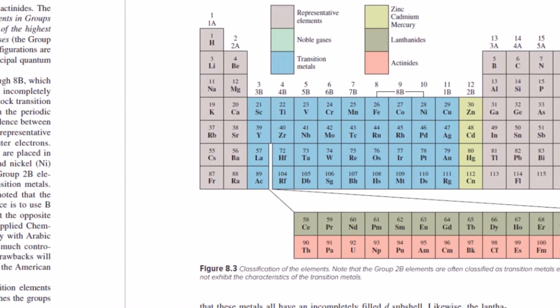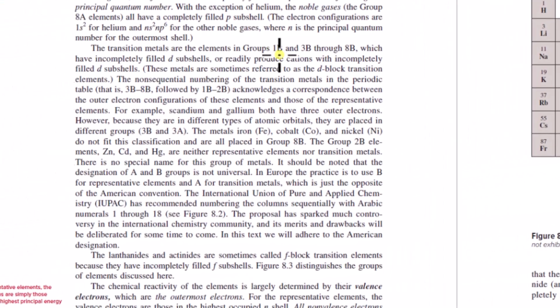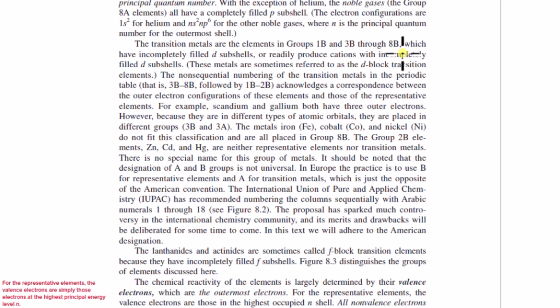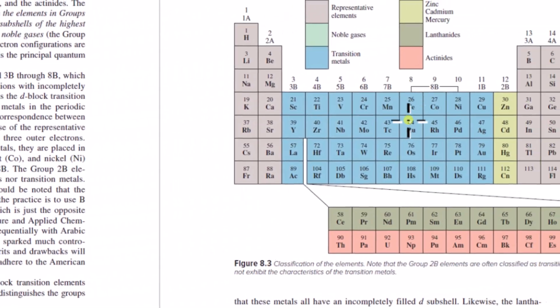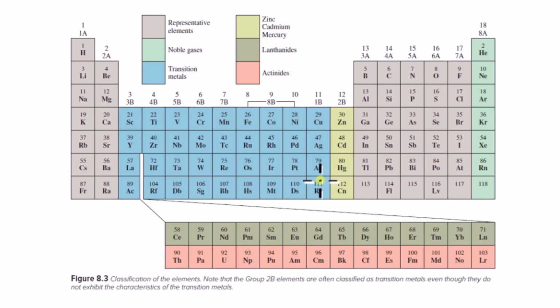The transition metals are the elements in groups 1B and 3B through 8B, which have incompletely filled d subshells or readily produce cations with incompletely filled d subshells. The non-sequential numbering of the transition metals acknowledges a correspondence between the outer electron configurations of these elements and those of the representative elements. The elements in blue are the transition metals, but these don't include this last column here.